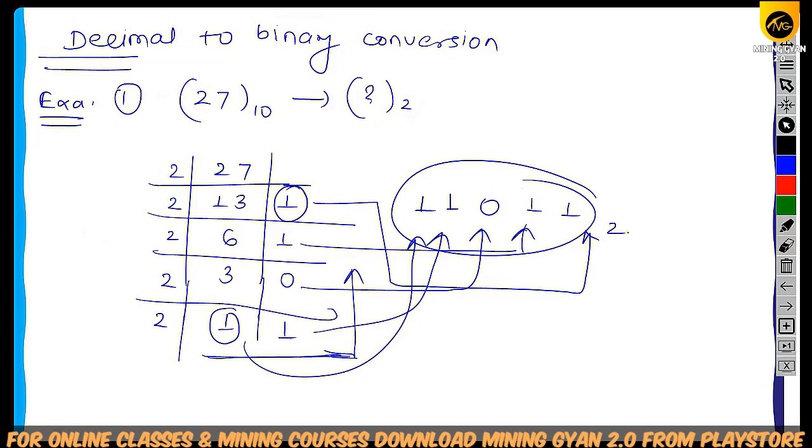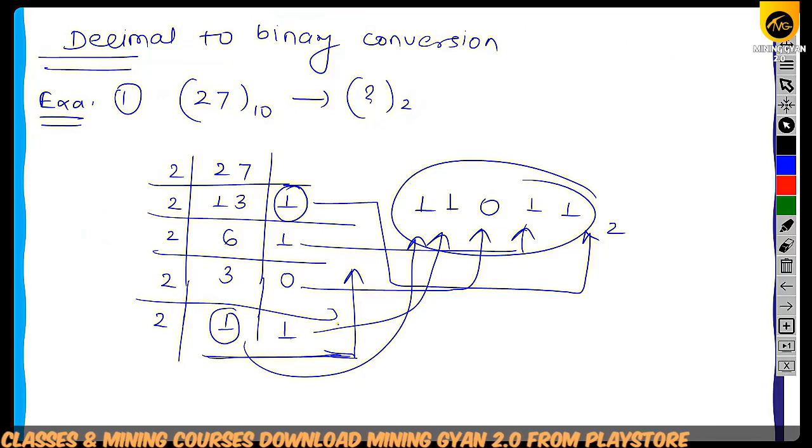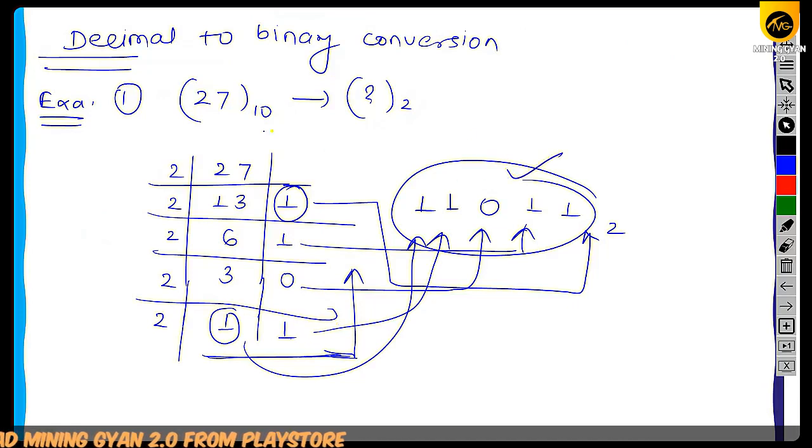So this is the conversion of 27, which is a decimal number, and 11011 is the binary number. Both numbers are equivalent to each other, but this is in binary form and 27 is in decimal form.